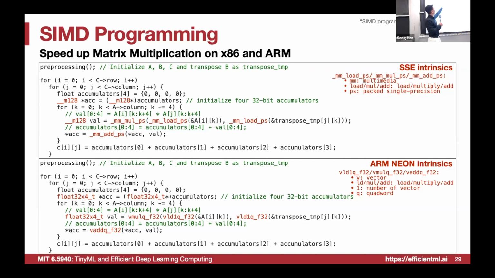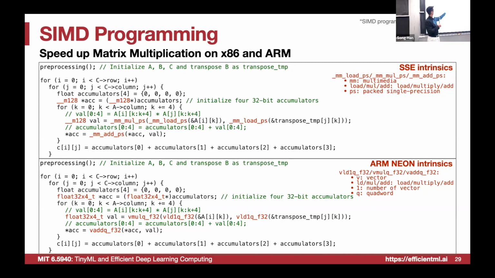Here we initialize A, B, and actually we transpose B. Remember in the loop reordering, we can either transpose B or do the loop reordering. They have the same effect. So we name it transpose_tab. That's actually the B matrix.